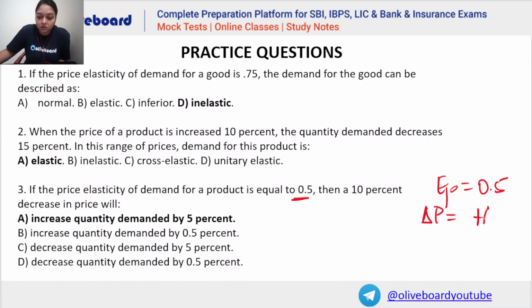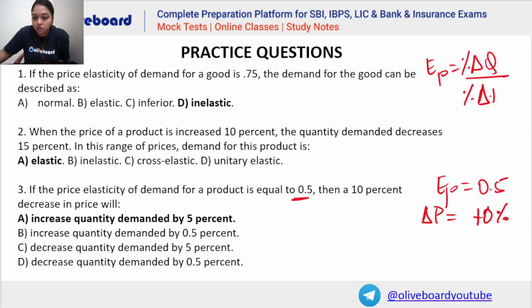So this is the opposite, you know EP is equal to percentage change in Q by percentage change in P. You know EP is 0.5. So you need to find out the percentage change in Q.